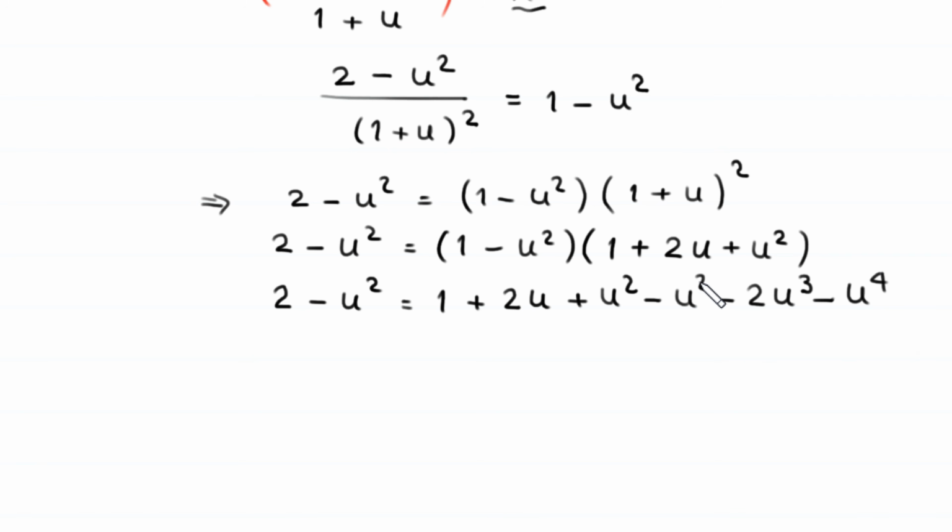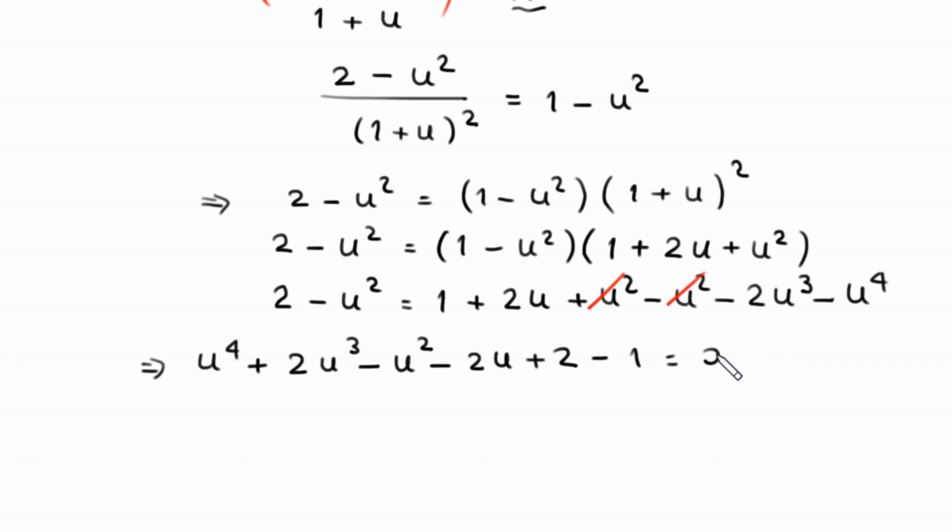The negative u squared cancels with the positive u squared, and we move the remaining terms to the left hand side. Then this implies u to the power 4, plus 2u cubed, minus 2u, plus 2 minus 1, equal to 0.